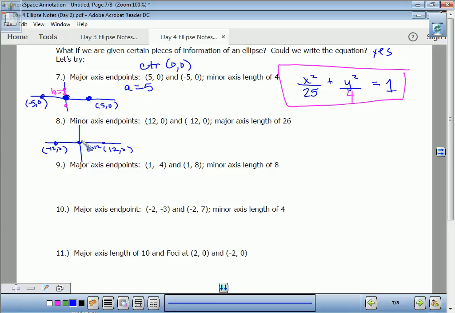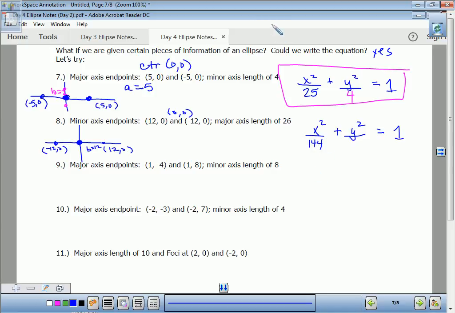Now, the center has to be halfway, so the center, once again, is at 0, 0. So I can go ahead and start. x squared plus y squared equals 1. And guys, the horizontal distance is 12 units in either direction. So under x, I'm going to put 12 squared, which is 144.